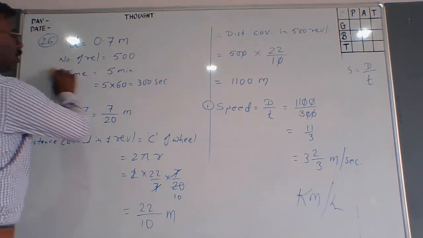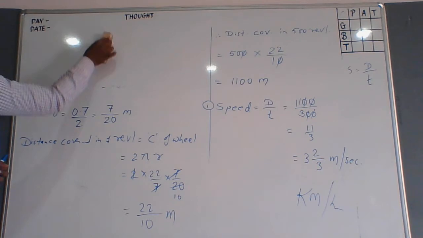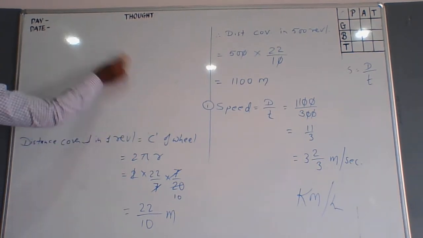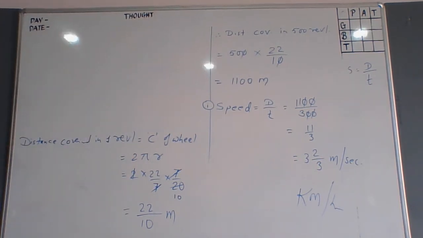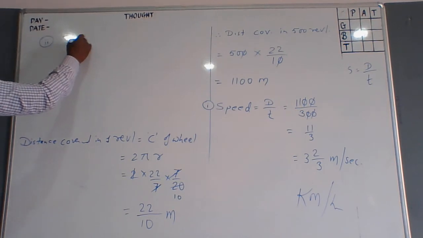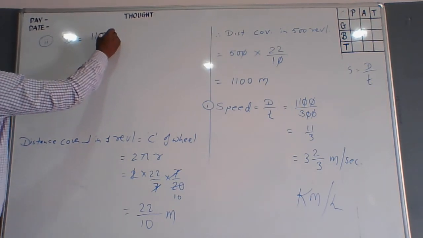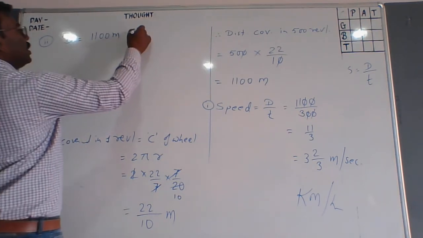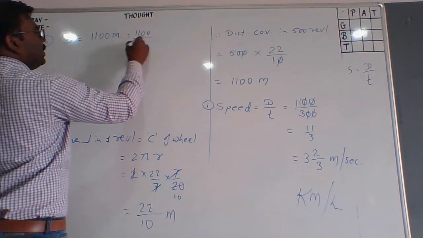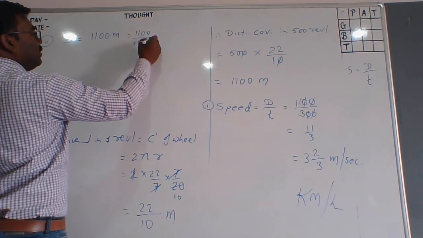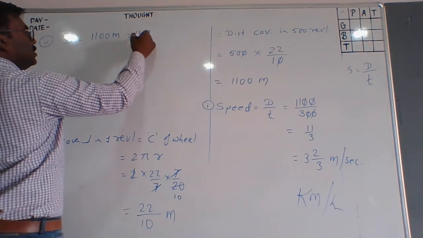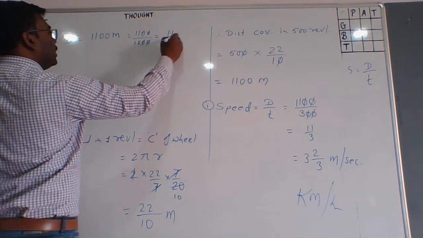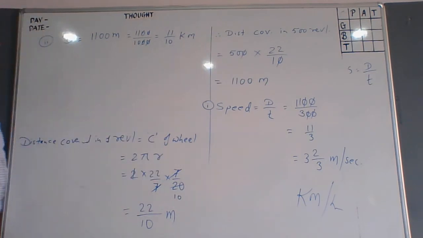Now I am solving the second part here. For that, the distance is 1100 meter. Convert it into kilometer by dividing by 1000. The zeros will get cancelled, giving 11 upon 10 kilometer.